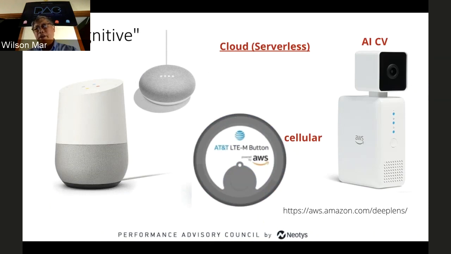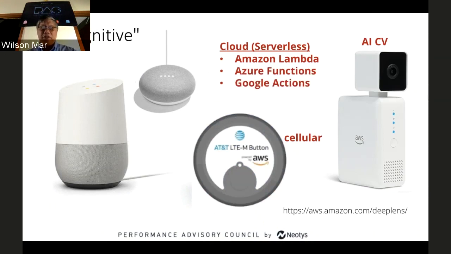Okay. The other issue I think we're running into would be this cloud serverless. And when we have a serverless application, there's simply no need for performance people, right? You would think. But I think there's still a need, even though people don't think there may be, because serverless, as you guys know, runs completely on Amazon's cloud. Developers would be writing Amazon Lambda, or Azure Functions or Google Actions.